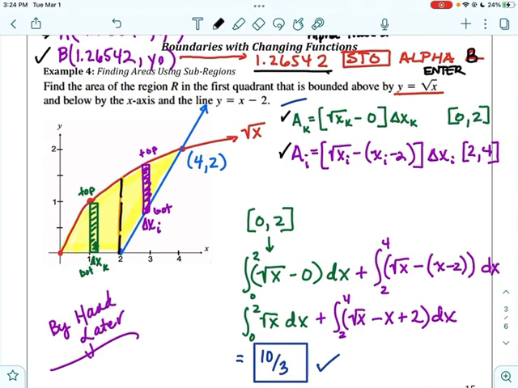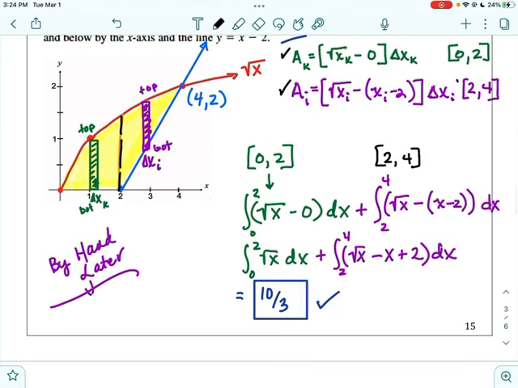And then the area sub i for the purple one is the square root of x sub i minus the quantity x sub i minus 2, delta x sub i, on the interval from 2 to 4. So from 0 to 2, we had that first integral for the total area.